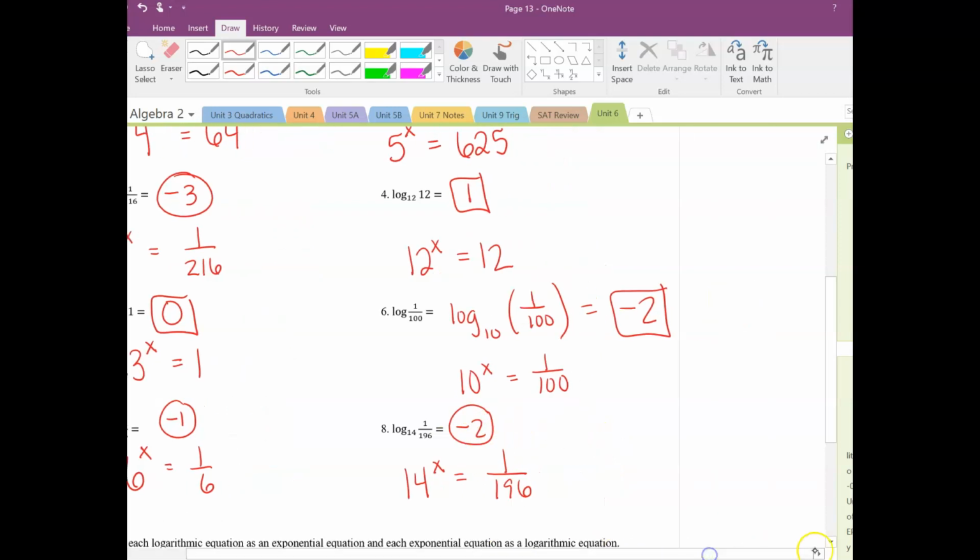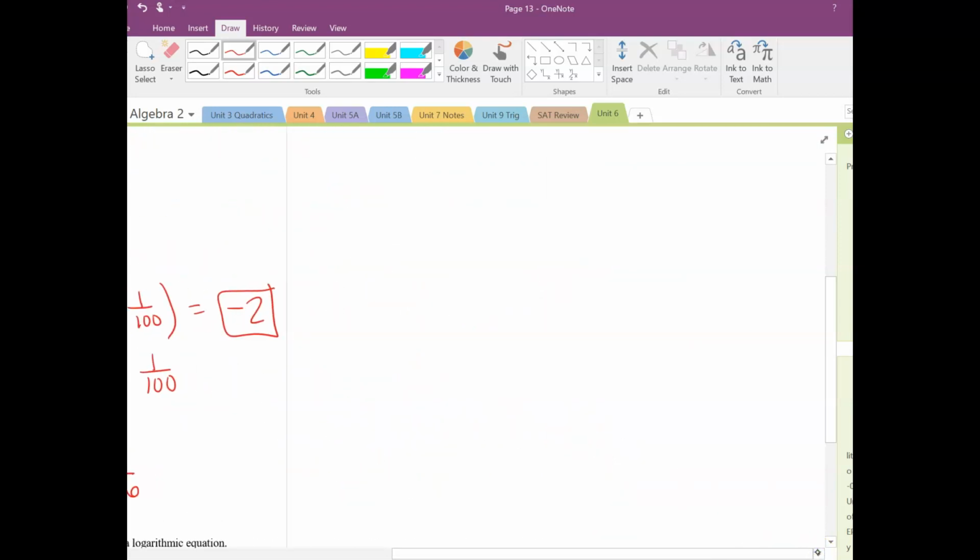There's one more problem I want to address. It's not on here at all. I want to do log base 3 of negative 9. Again, we're going to rewrite this in exponential form. 3 to what power would give me negative 9? Well, 3 to the second power would give me 9, but how on earth do I get negative 9?